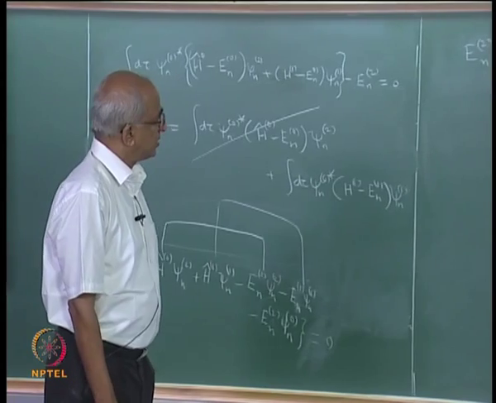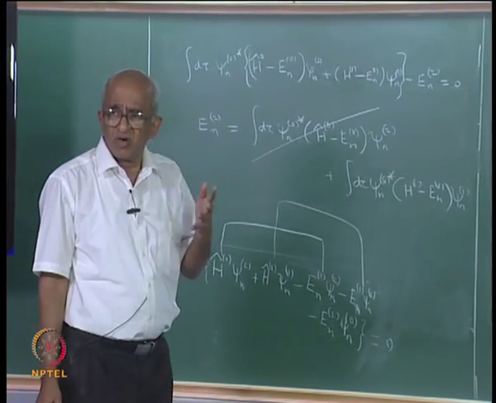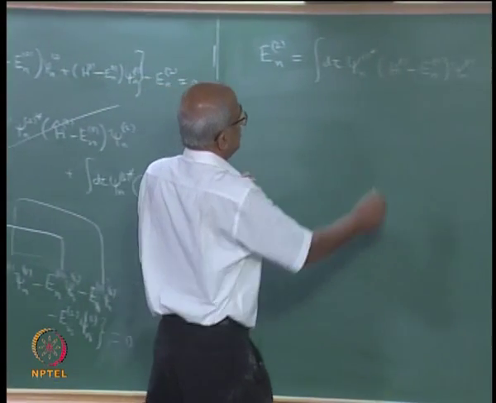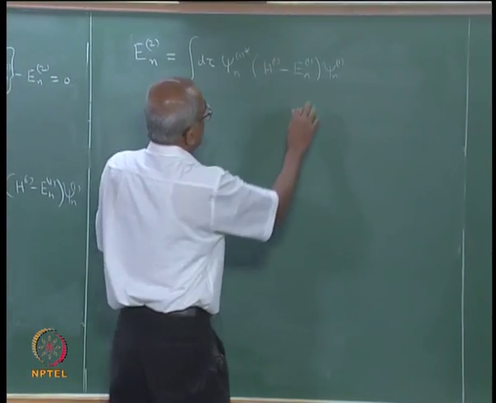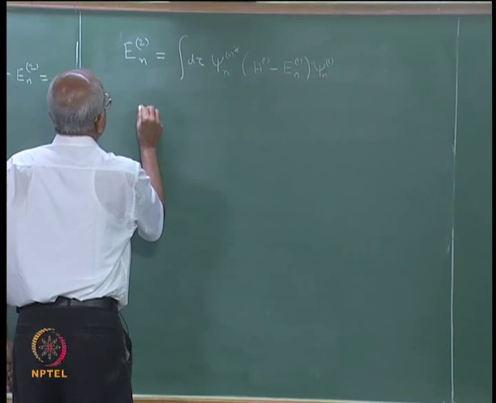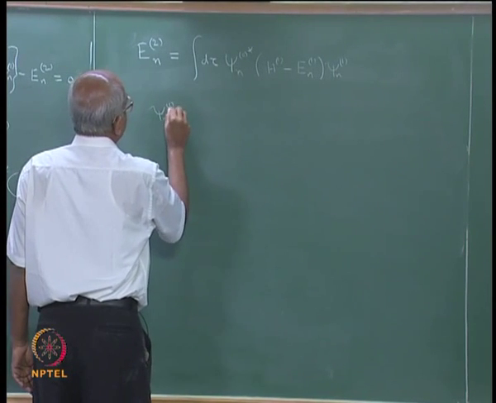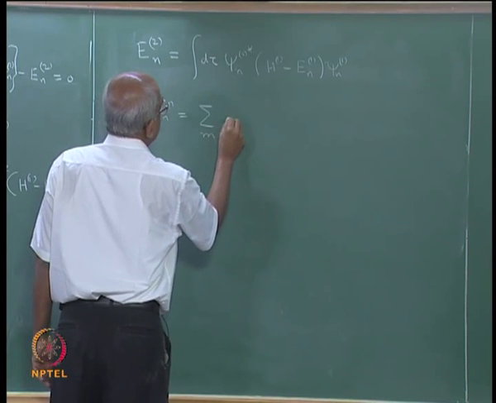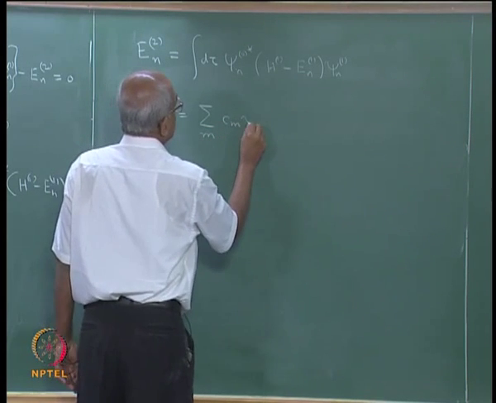So this is the expression, and now what is Cn1? Cn1 we already know. Not Cn1, psi n1. What is the expression? It is actually sigma m Cm psi m0, right?